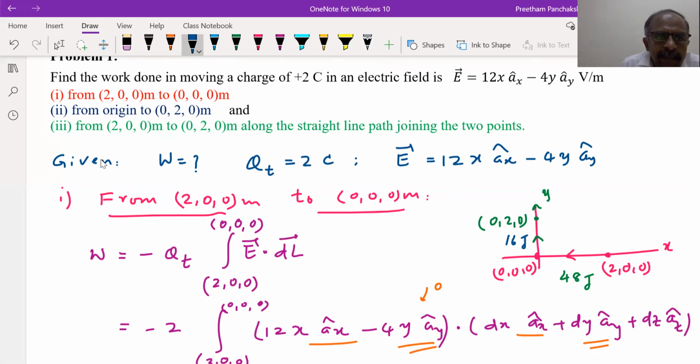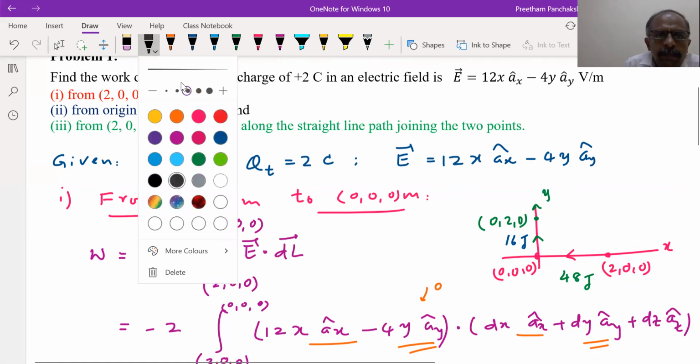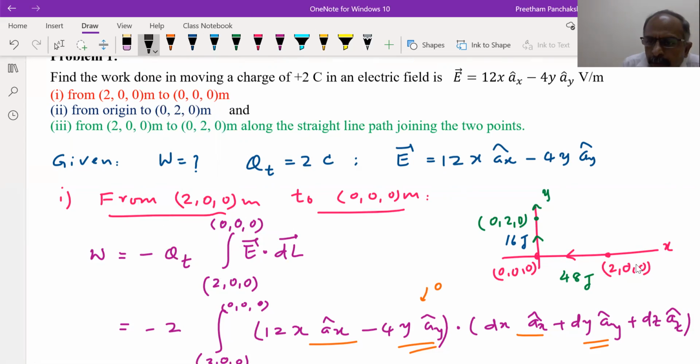In the case 3, we have to move the charge from 2, 0, 0, that is here, to 0, 2, 0. So in the case 3, the charge has to start from here.